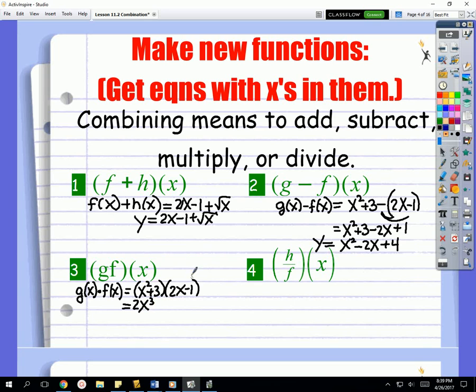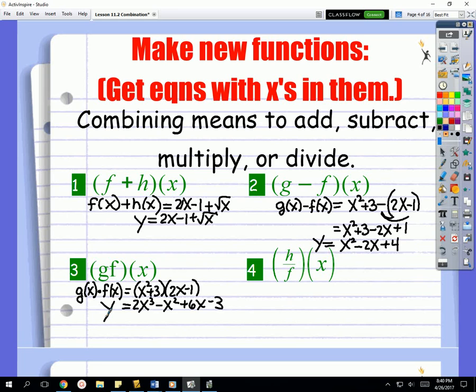Outer is x squared times negative 1, so that would be negative x squared. Inner is 3 times 2x, that's plus 6x. Last is 3 times negative 1, that's negative 3. And there's nothing to do with that. There's no like terms, and they're in the right order. So I'm done. I'm just going to say my new equation is y equals all that stuff.